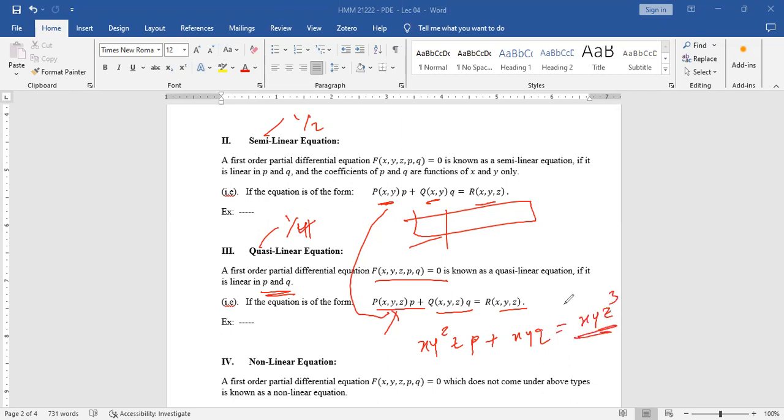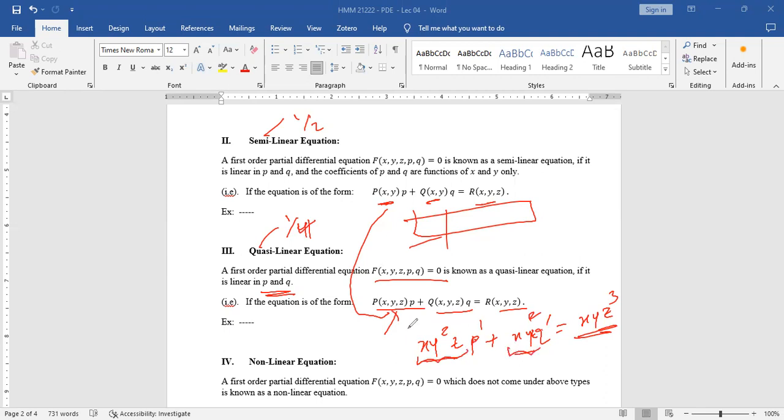So the only difference between semi-linear and quasi-linear is that these capital P and Q can have any z's, maybe z squared. So they say it is linear in p and q only. So p and q are linear. This capital P and Q can be anything.